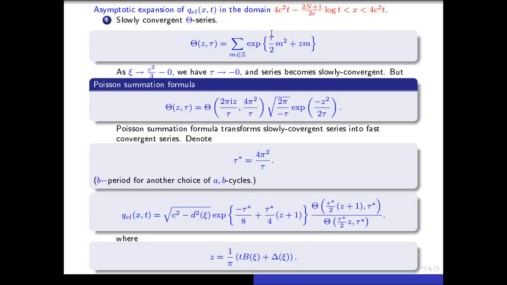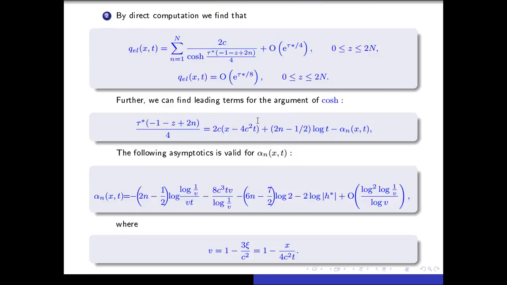We can overcome this using the Poisson formula. Then the series become fast convergent. This is the first thing which I wanted to mention.